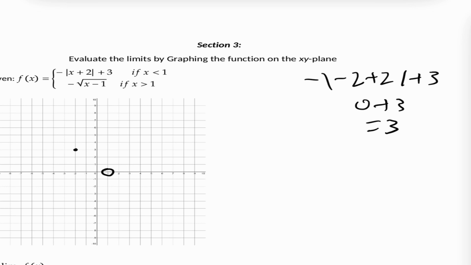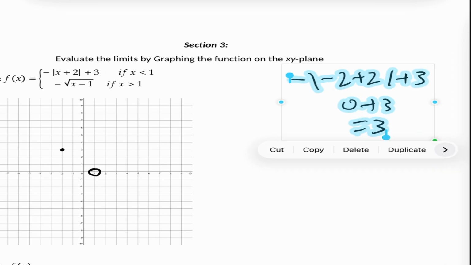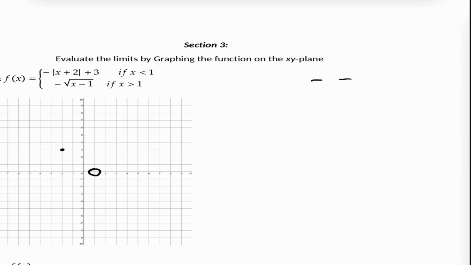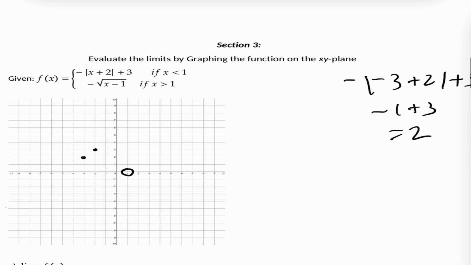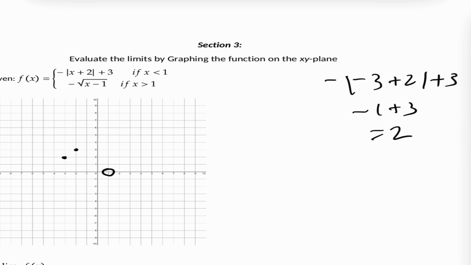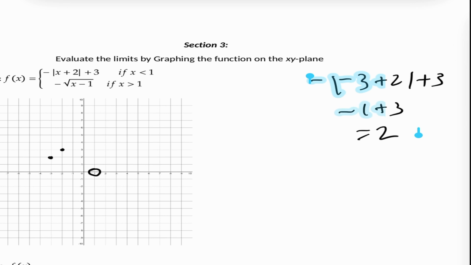Let's plug in another point. Let's plug in -3 this time. This will get us 2. So our other point will be -3, 2. Let's plug in one more point. This time, let's plug in -5.